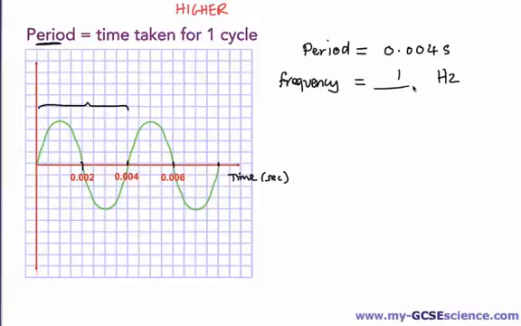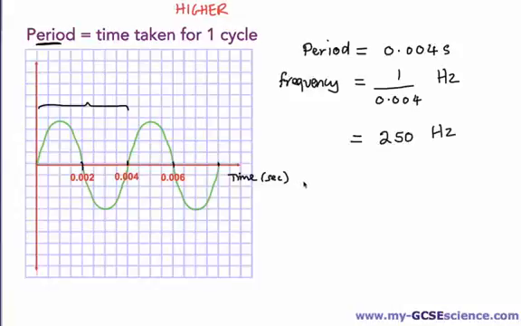You just say 1 divided by 0.004, because we're looking at seeing how many of these 0.004s go into that 1 second. So that's the calculation we do. 1 divided by 0.004, and I believe the answer to that is 250. So the frequency for this particular readout is 250 cycles per second, 250 hertz, and that's how you would do a calculation like that.